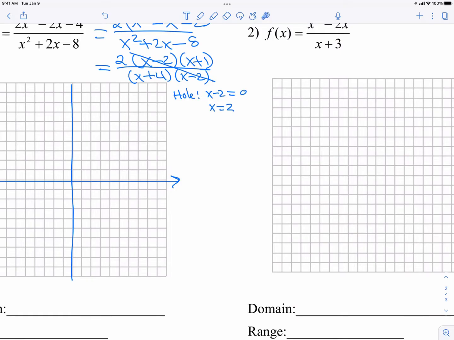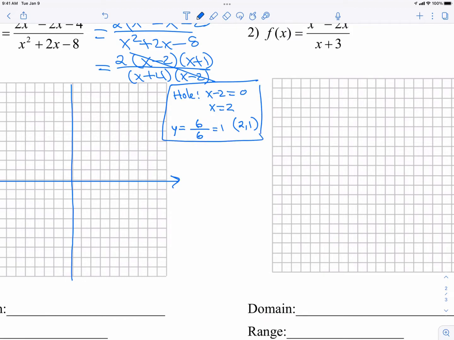So doing some mental math, we plug in the 2 there. 2 plus 1 is 3, times 2 is 6. And then on the bottom, you're plugging in 2 there, and that's 2 plus the 4 is also 6. And so we end up with y equal to 6 over 6, which is 1. So we're going to have a hole at 2 comma 1.